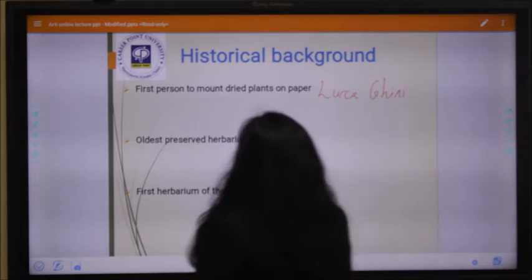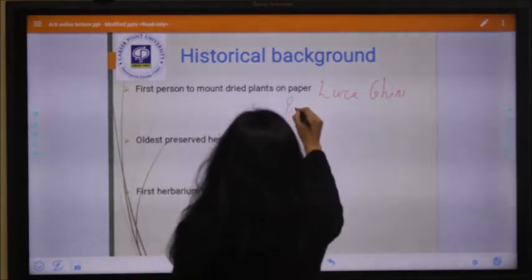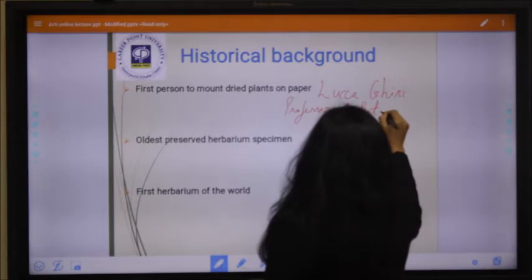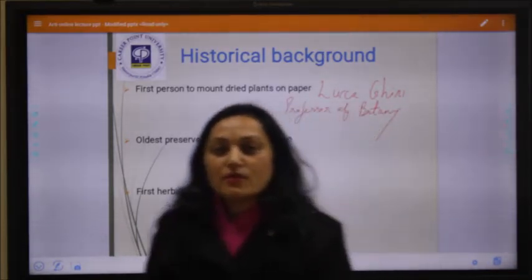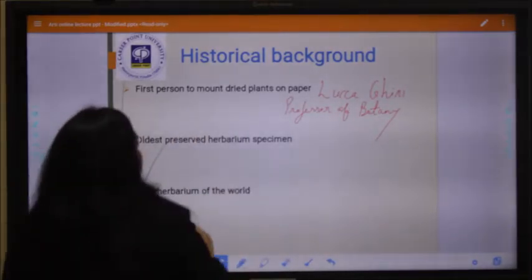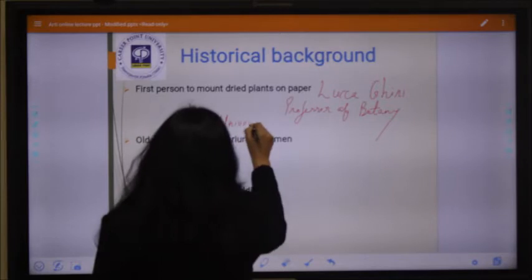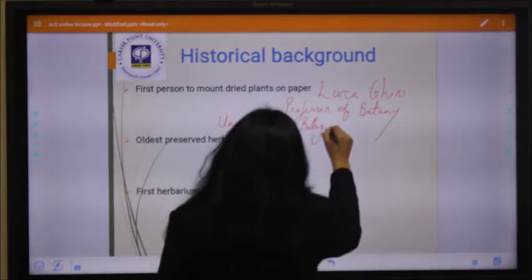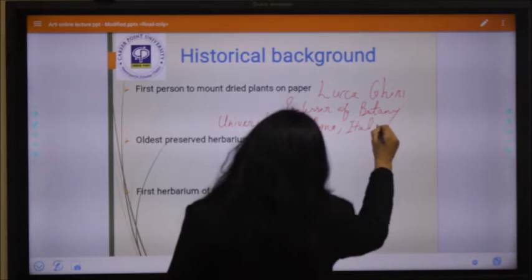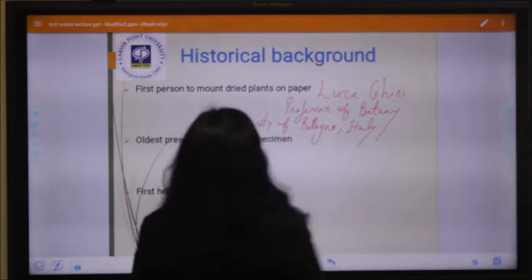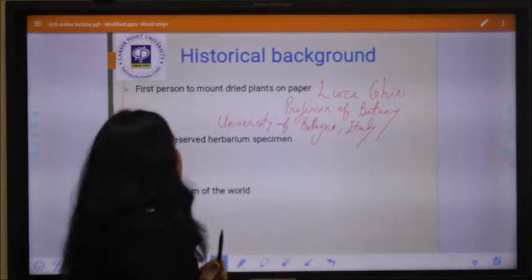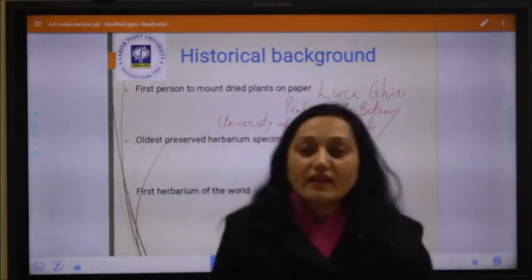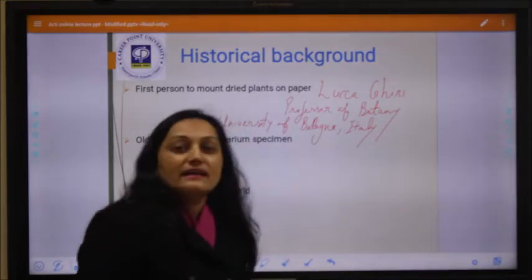Lucagini was a professor of botany in the University of Bologna, Italy. Lucagini was the first person to mount dried plants on paper.